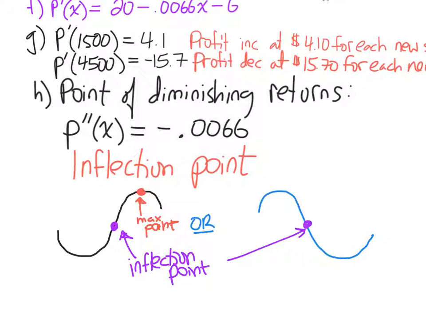All right, so if you can ever identify the inflection point, like in terms of a business, yeah, I mean, you're not there yet, obviously, you're not running your own businesses necessarily, but most of the time you can't tell that a maximum point is going to happen until it's already happened, right?